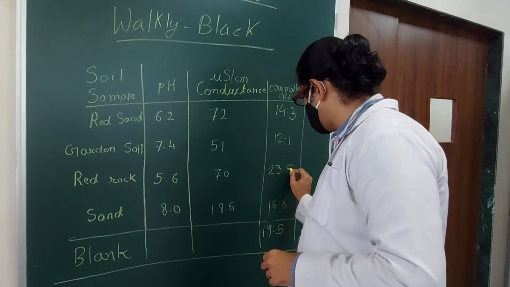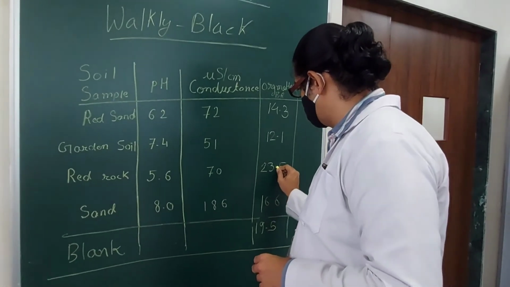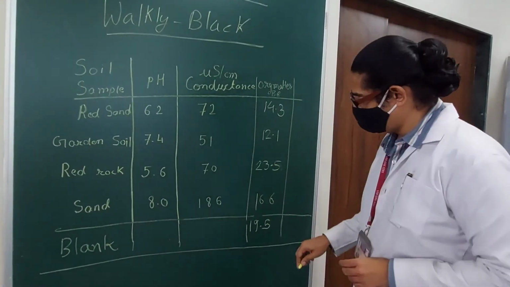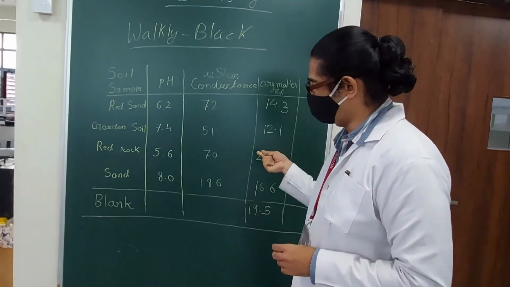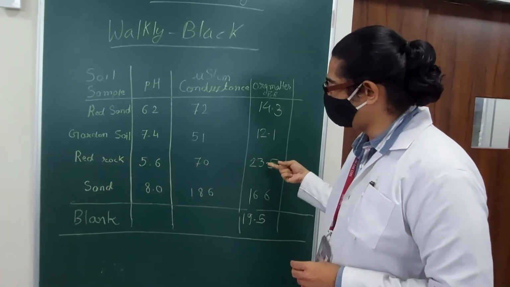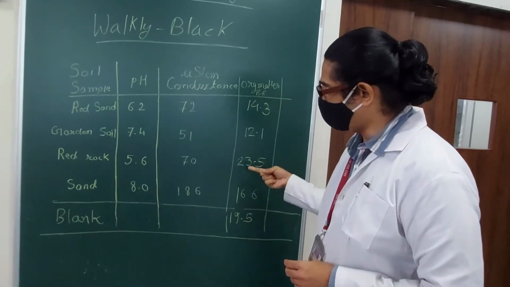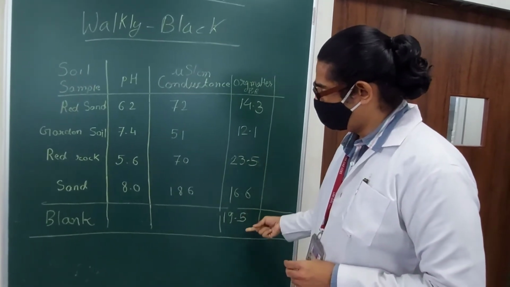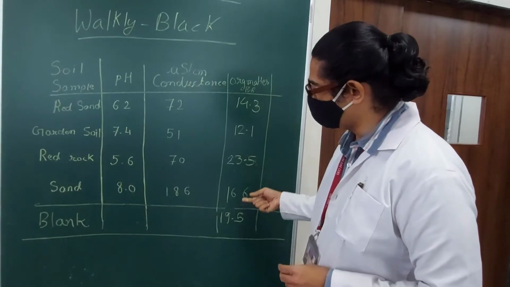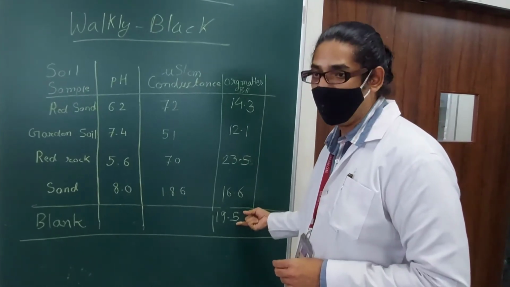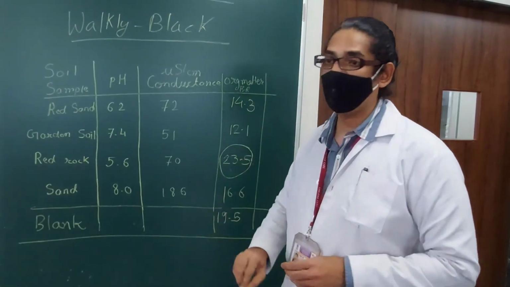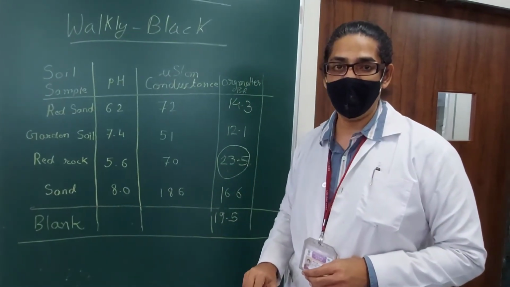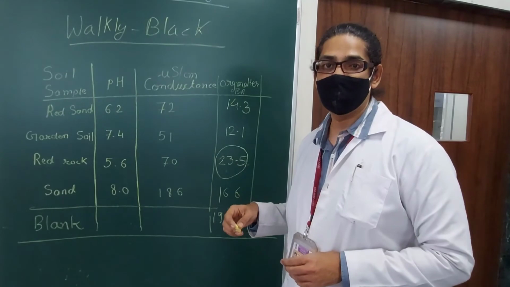Now, this is what I meant. What I said is, if there is no organic content in it, then you should be getting at least the blank volume. Here we are getting the volume higher. What can be the reason?